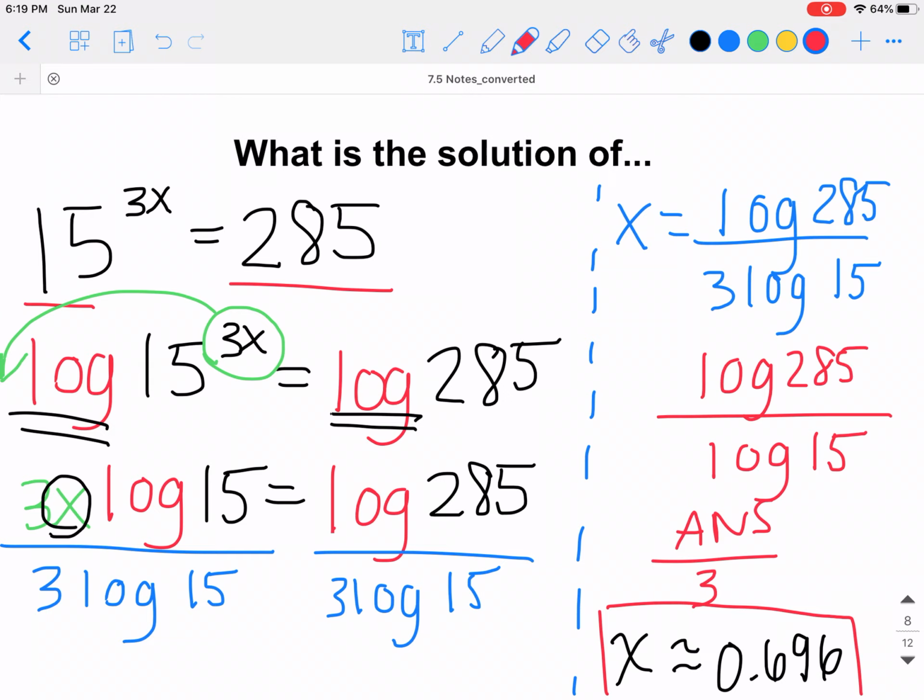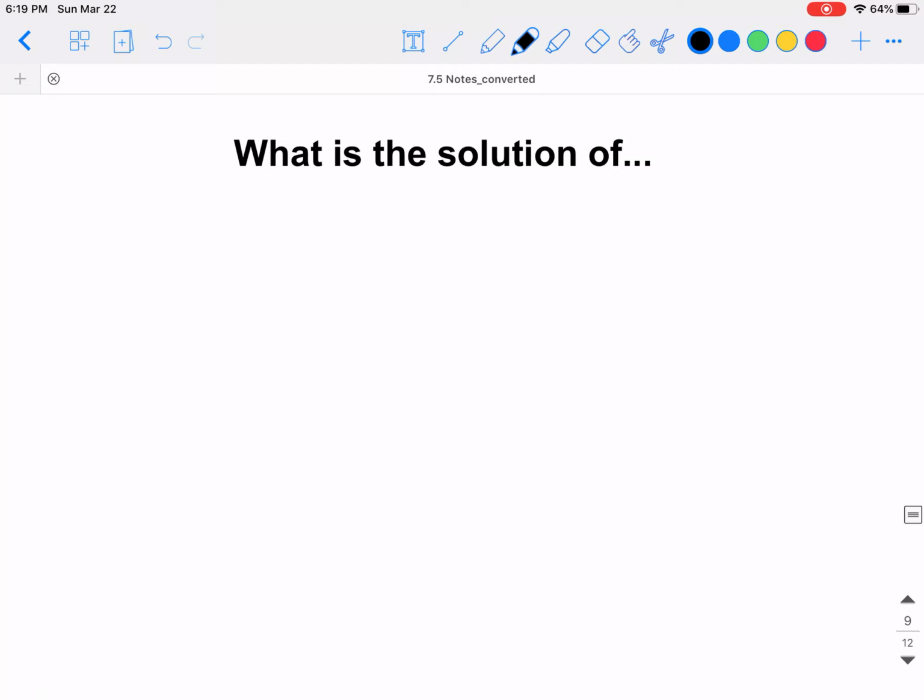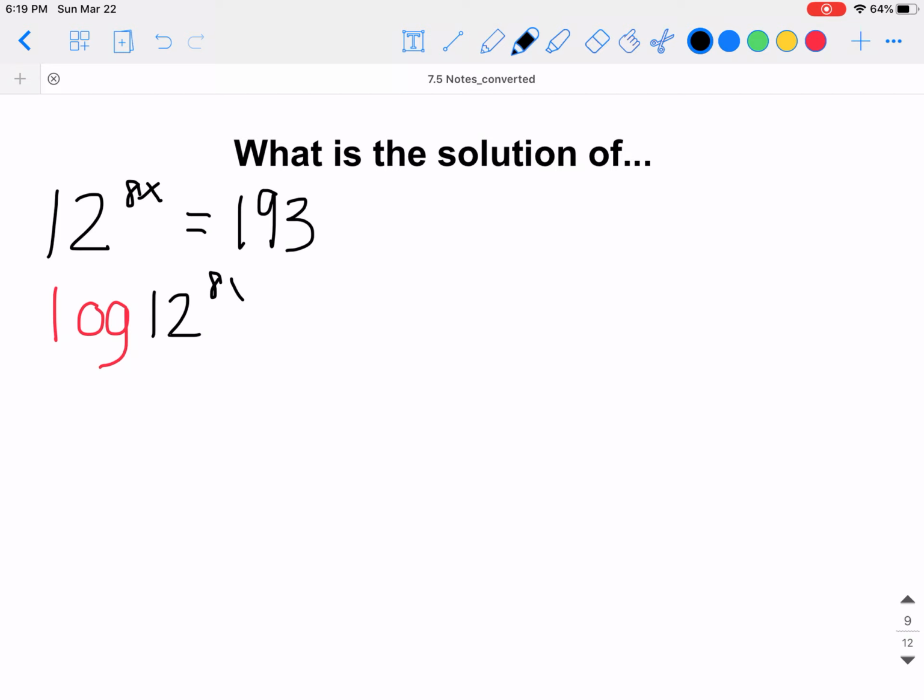Let's look at another example. What is the solution of 12 raised to the 8x power equals 193? So we have different bases. To solve, we're going to put log in front of each of our terms. So we have log of 12 to the 8x power equals log of 193.